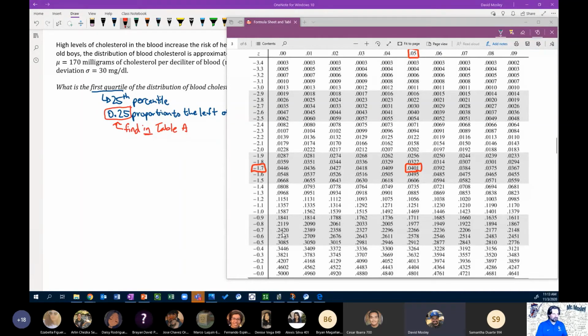So if we look here, we're at 0.24, 0.23, 0.23, 0.22, 0.24, 0.24, 0.25. So we go from 0.24 to 0.25 between these two numbers. Then again, I need to ask myself which one is closer to 0.25.